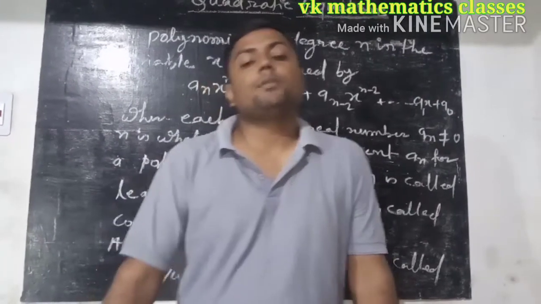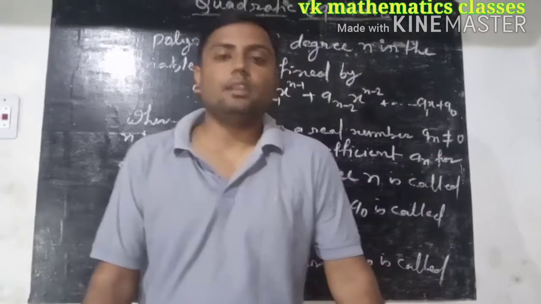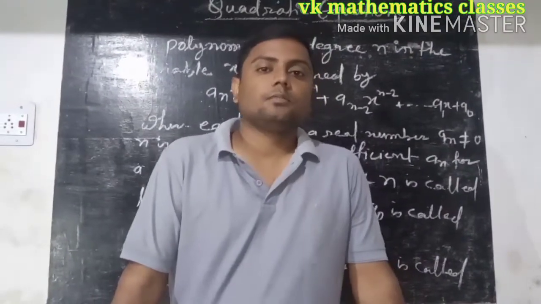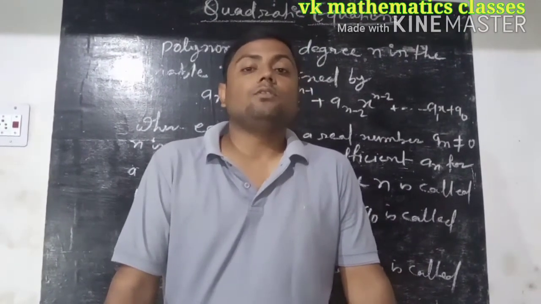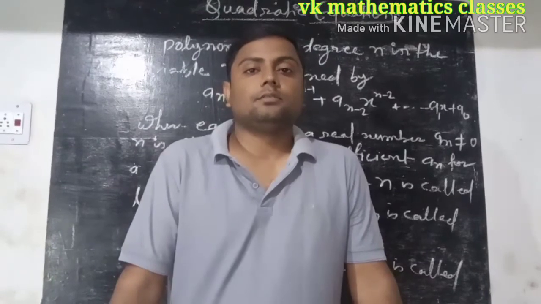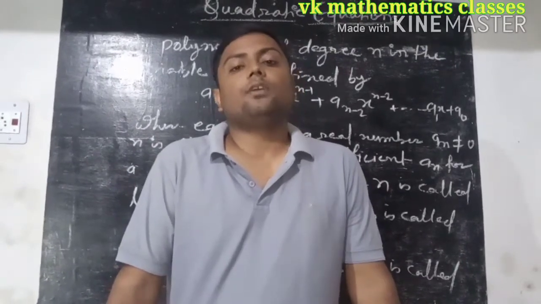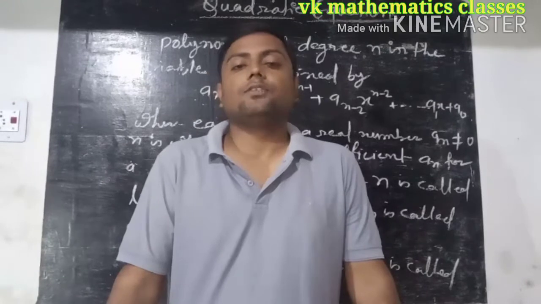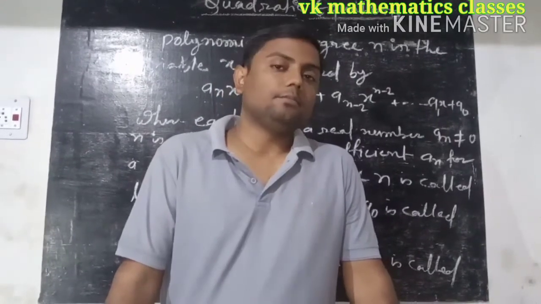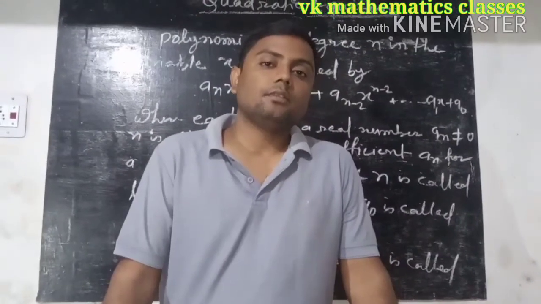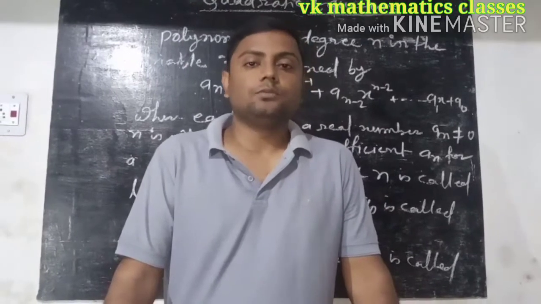First of all, in the previous class, we read about the variable and constant. What is a variable? A mathematical representation of an element which has unfixed value is known as the variable, and the constant has fixed value.